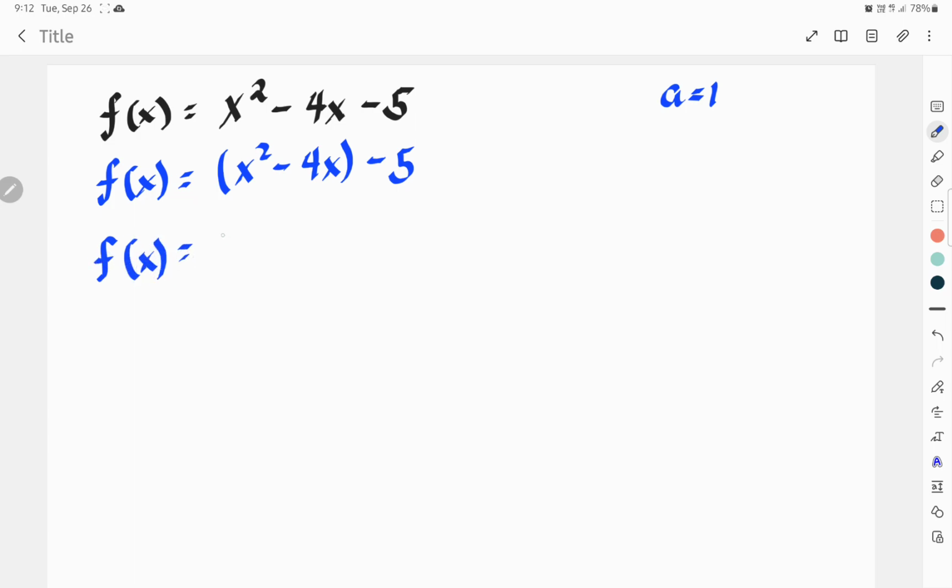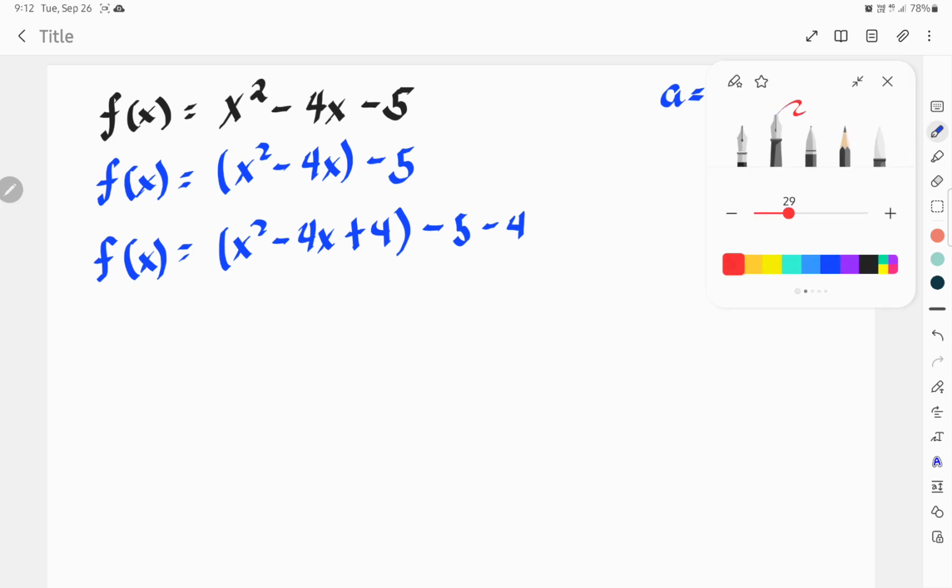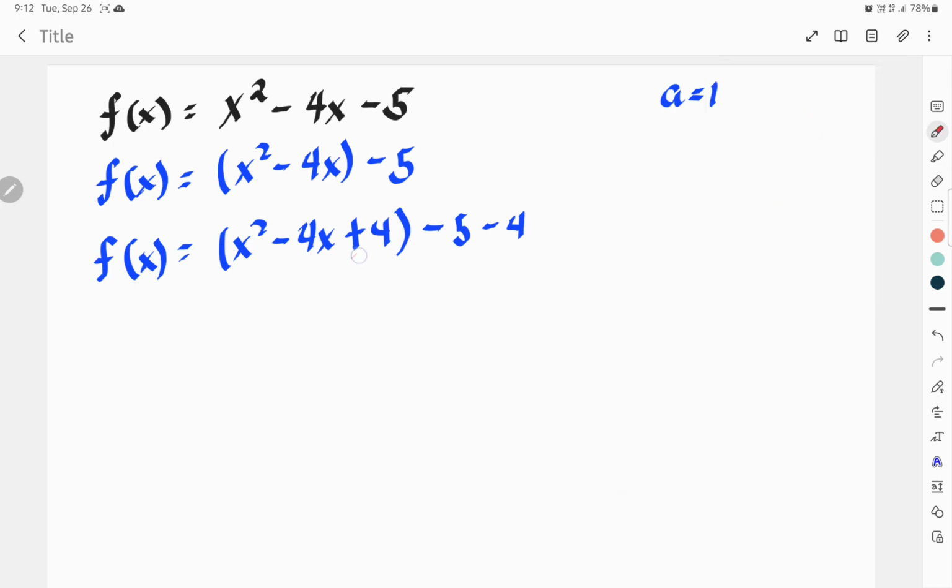So f(x) = x² − 4x + 4 − 5. When you add 4 here, you need to subtract 4 to make the equation correct, so that would be plus 4 minus 4.